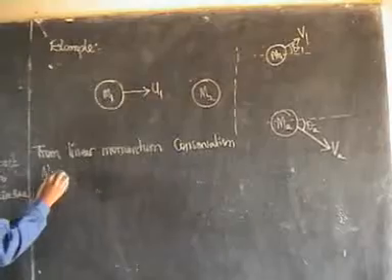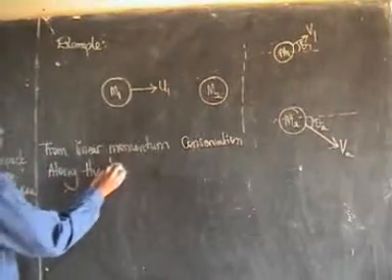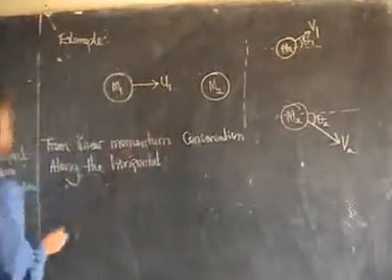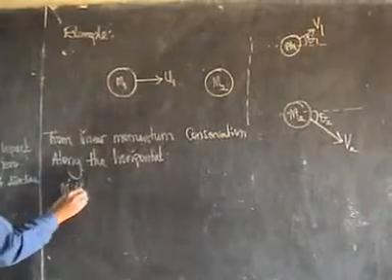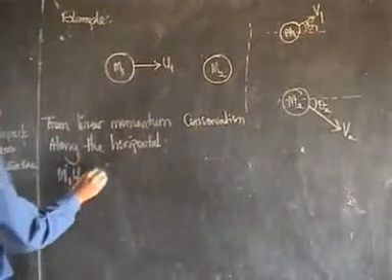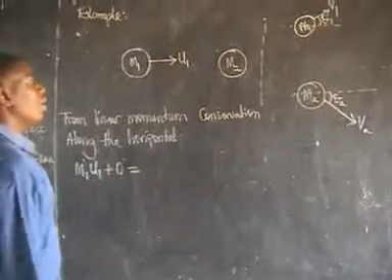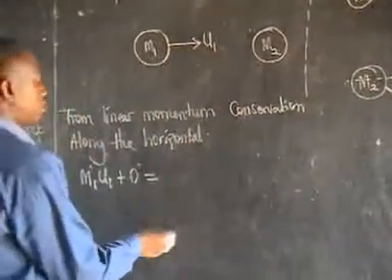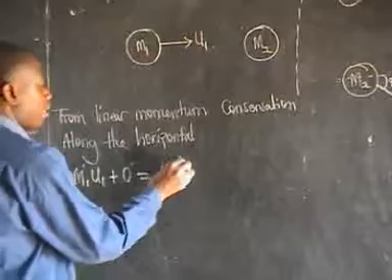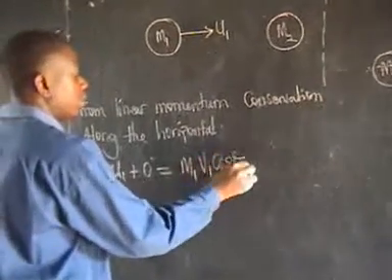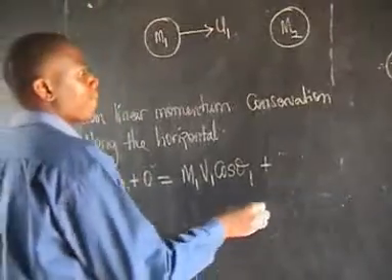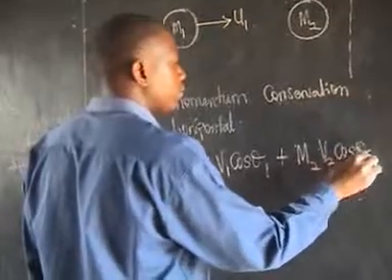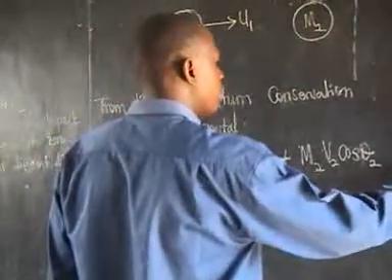So along the horizontal, it will give us m1 u1 plus 0 is equal to, so you have to find the horizontal components of the velocity of the given velocity vector. So this one will be m1 v1 cos theta 1 plus m2 v2 cos theta 2. So that will be the first equation.